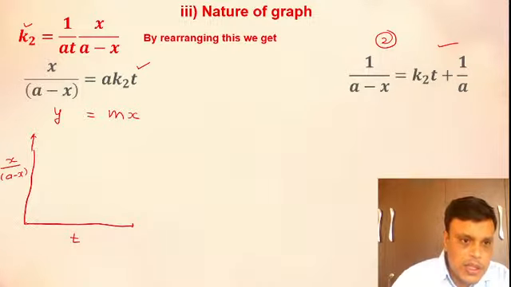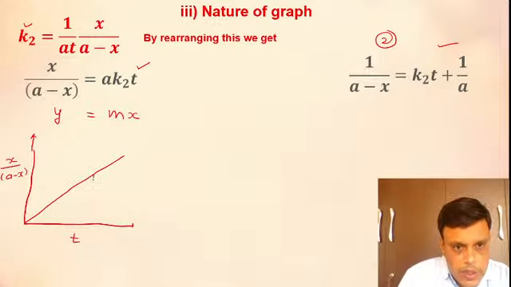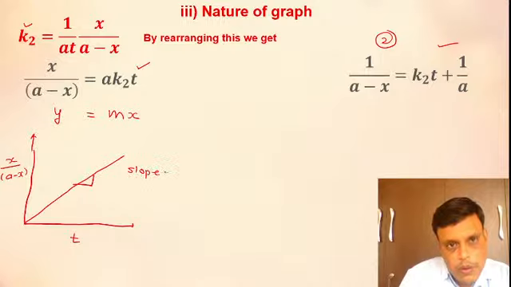This equation suggests that it is a straight line passing through the origin, whose slope is equal to a K2. And if you write this, K2 is equal to slope divided by a.